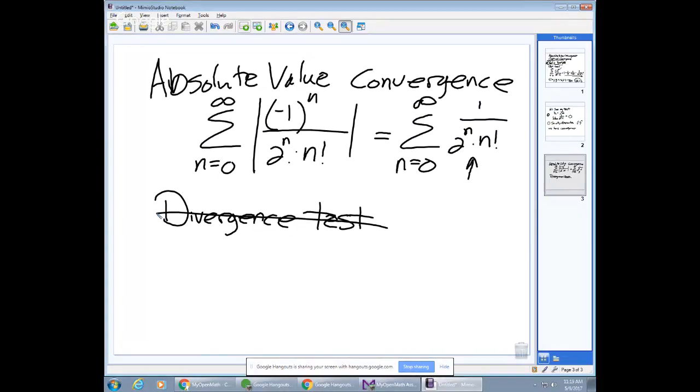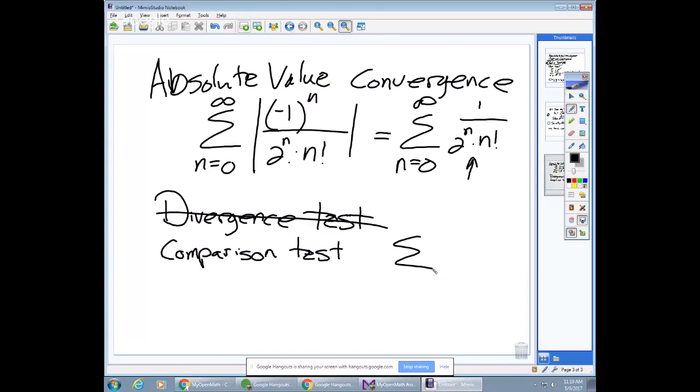What comes to mind to me for a comparison is ignoring the n factorial. What kind of series is that? Excellent, geometric.